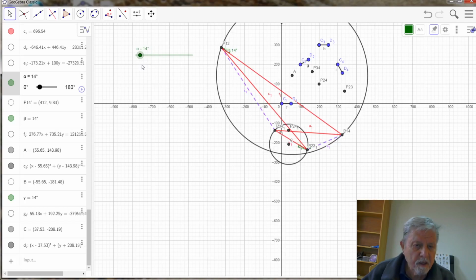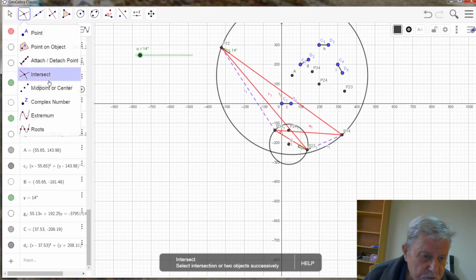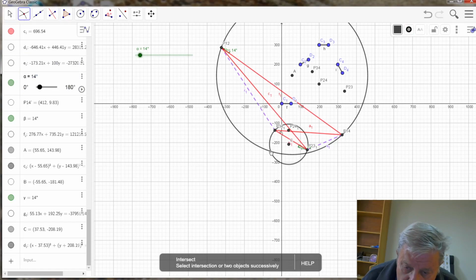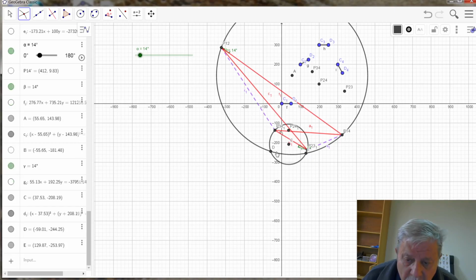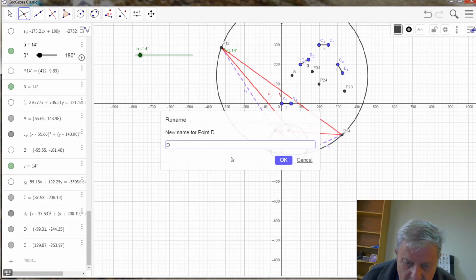Now, these two circles intersect over here and over here. I will call this point K. K is from the word Kreis, K-R-E-I-S in German, meaning circle.